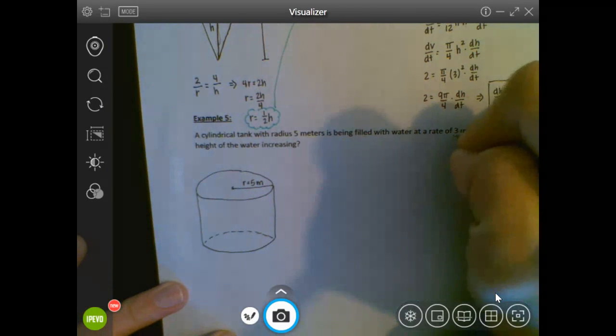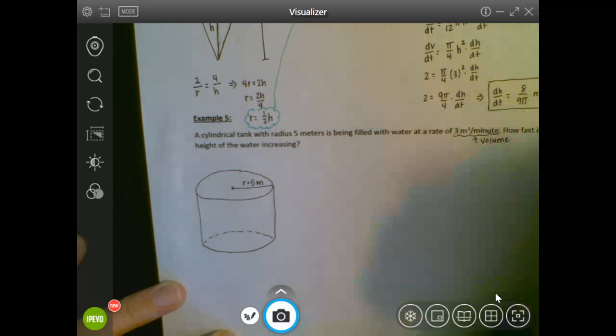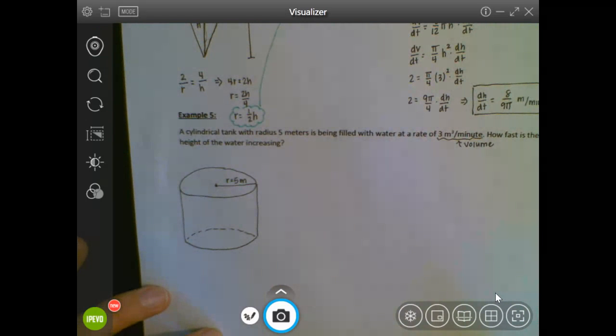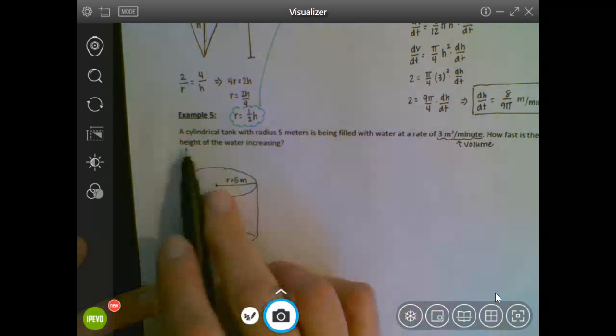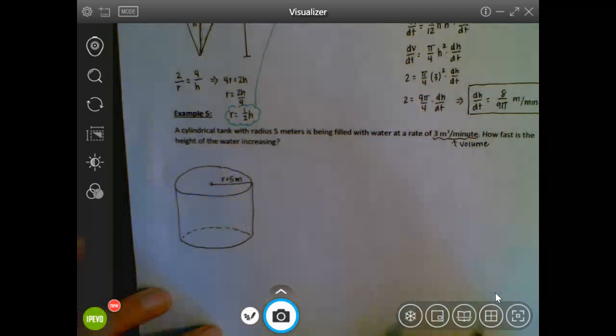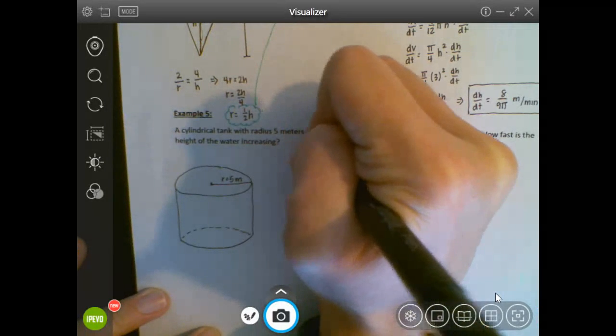So again, meters cubed per minute indicates that this is going to be some sort of volume. We want to know how fast the height of the water is increasing. So we know that we're dealing with volume, and we are looking for the rate of change of height, so we're looking for dH/dt in this problem as well. I'm going to write out my volume formula, which is pi r squared h.